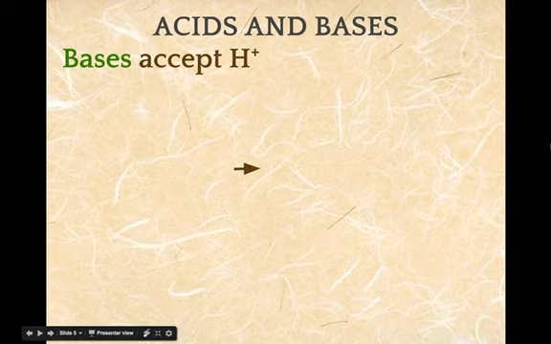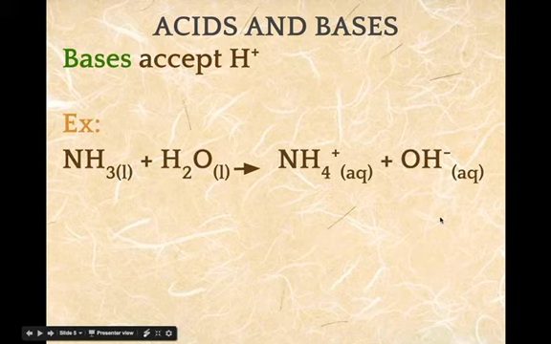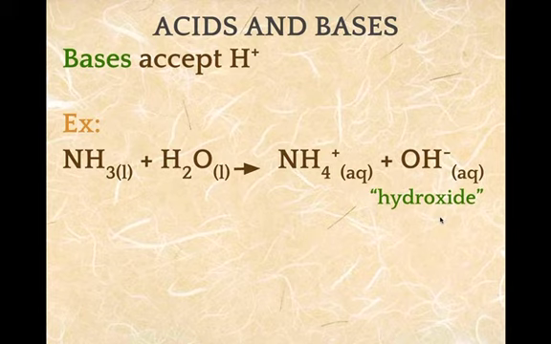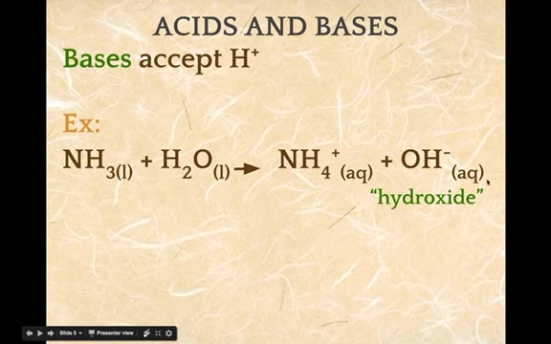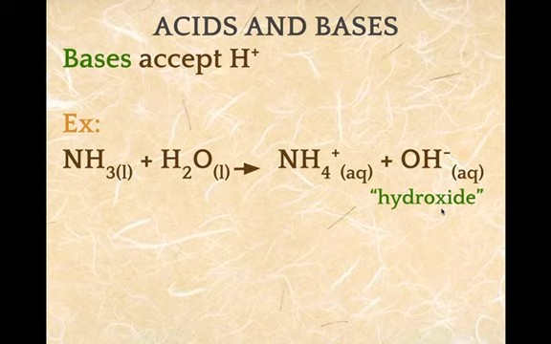And if you remove an H plus from water, you're going to end up with OH minus. If you may recall, that ion is called a hydroxide ion. And it's the higher the concentration of hydroxide in the solution that raises the pH and makes your solution more basic or alkaline. Sometimes you'll hear that term used to describe basic solutions.